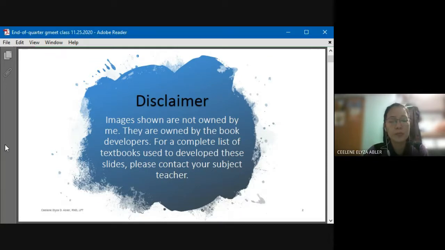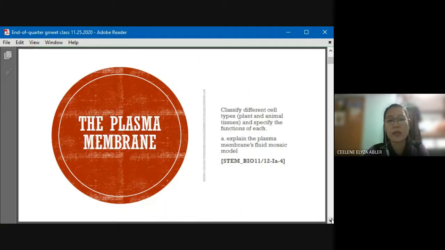So the plasma membrane class is actually meron tayo yung model na ginagamit ngayon. So the one that we use is actually named as the fluid mosaic model. So yun siyang currently accepted by biologists. So that's actually just a theory. It's not yet totally proven, pero siya yung well-accepted na model for the plasma membrane.